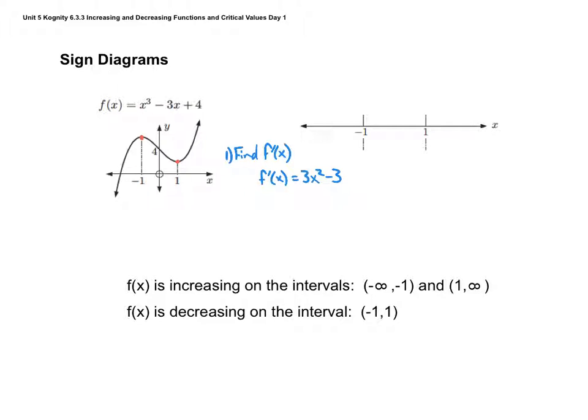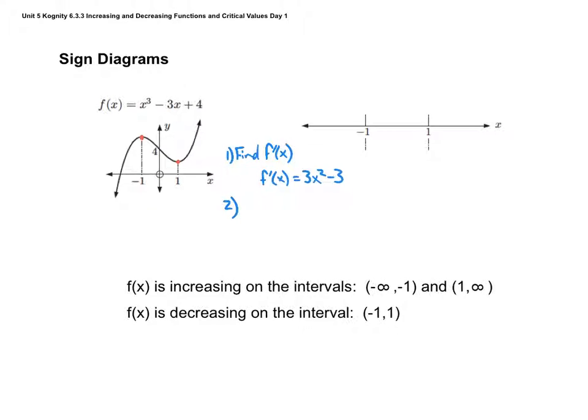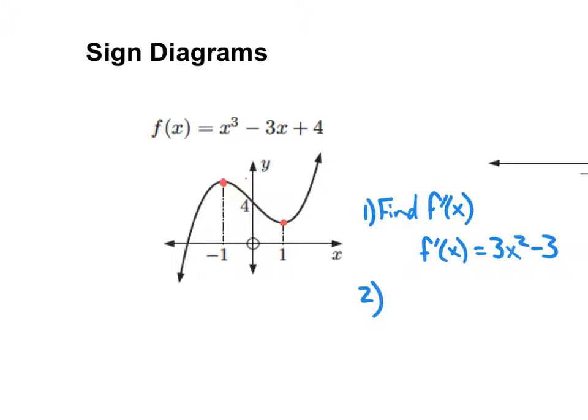The next part, we need to think about the points that separated the intervals, the max or min points. We'll look at one other type of point here in a minute. But what was true about the derivative at those points? The tangent line was horizontal, so that meant that the derivative was 0.